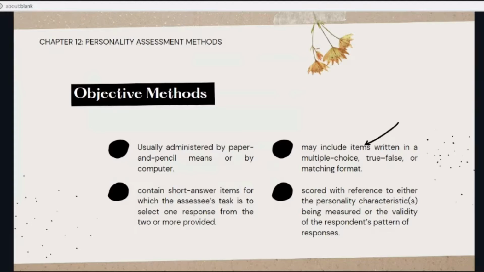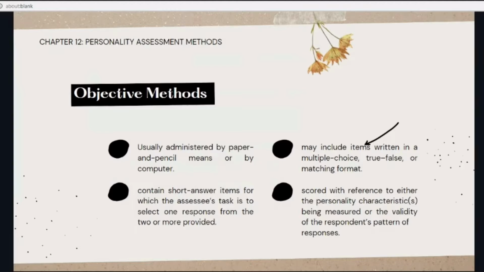Why is it that the analysis and interpretation is very fast? It's because each choice already has a reference on what kind of trait is present or absent in the test taker depending on the choice that the test taker made.